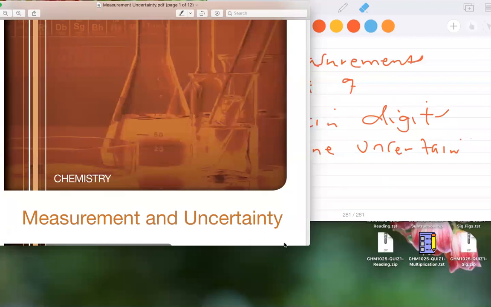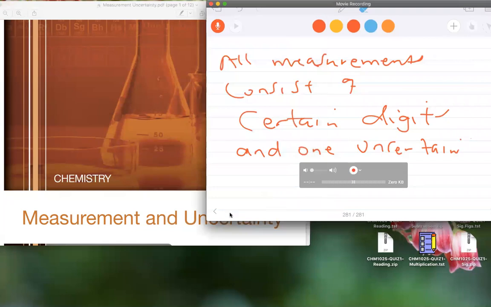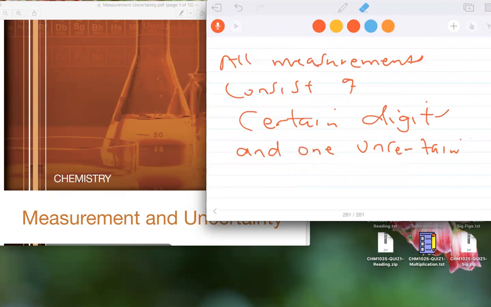A measurement of, say, 98.6 degrees Fahrenheit. This last digit is always an estimate. There is a degree of uncertainty. The first two are certain.